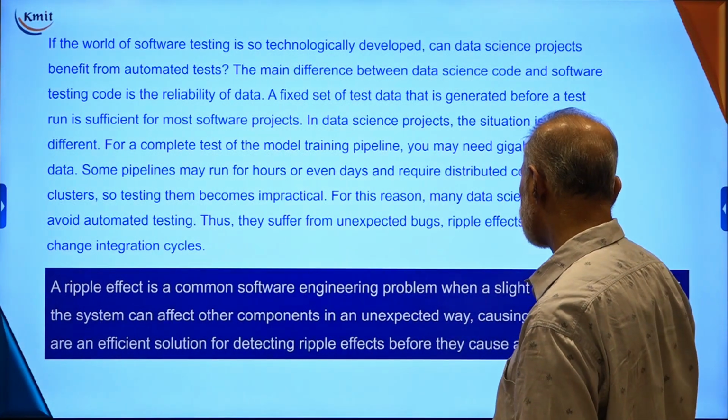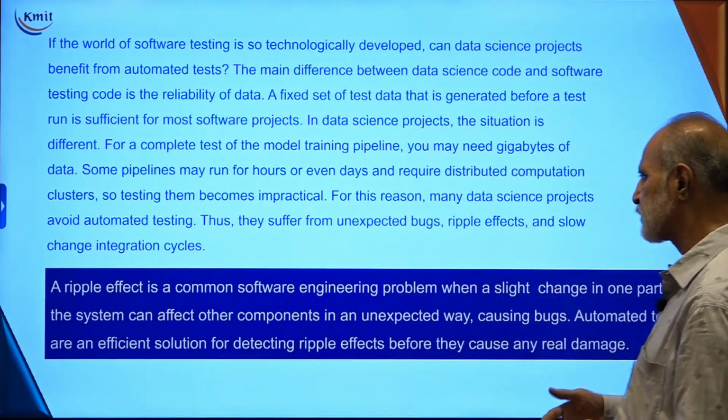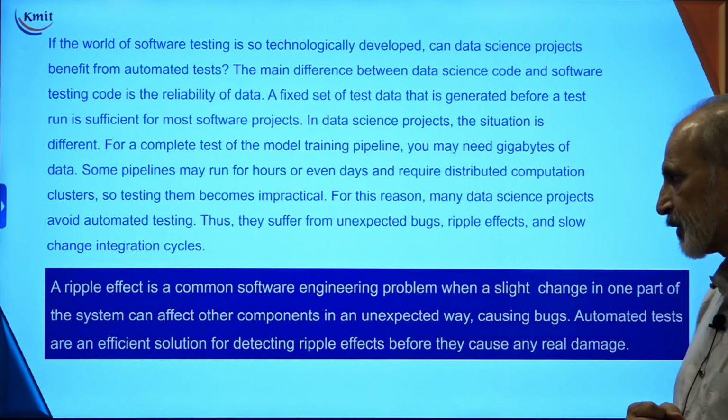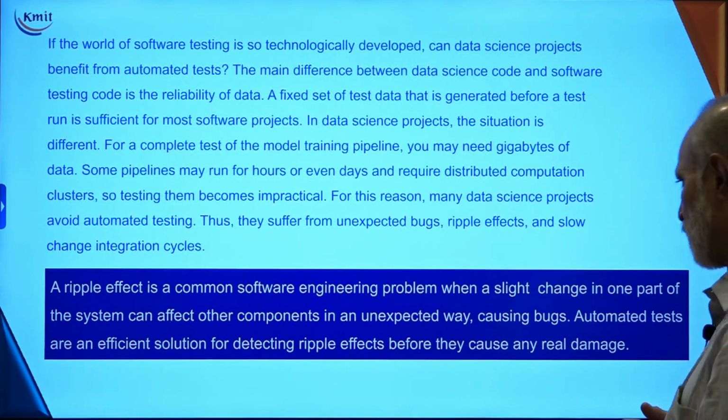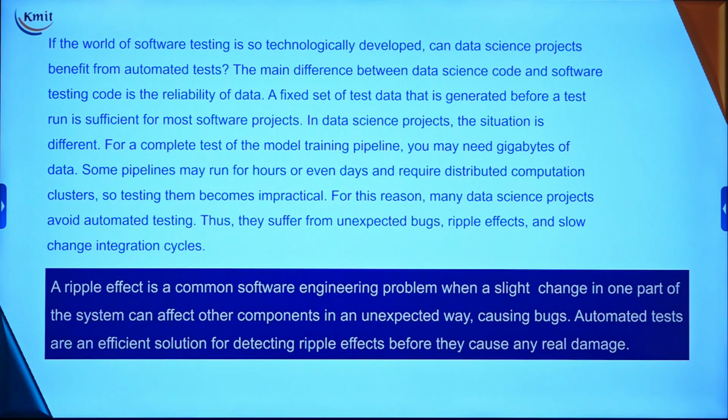For this reason, many data science projects avoid automated testing. So they suffer from unexpected bugs, the ripple effect, and slow-changing integration. A very good term here in data science is the ripple effect. What is the ripple effect? A ripple effect is a common software engineering problem where a slight change in one part of the system or code can affect another part of the system in a larger or unexpected way, causing bugs.